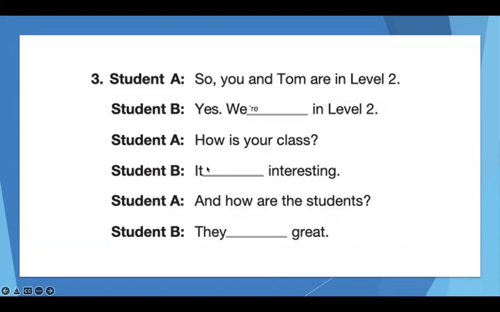Student A, how is your class? It, and then what do we add after it? We can say it's interesting. And how are the students? They, and then what do we need? They are, so we can say they're great.